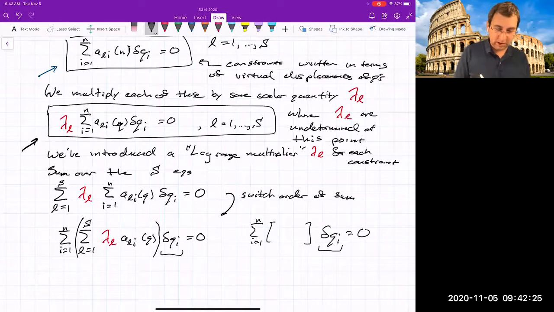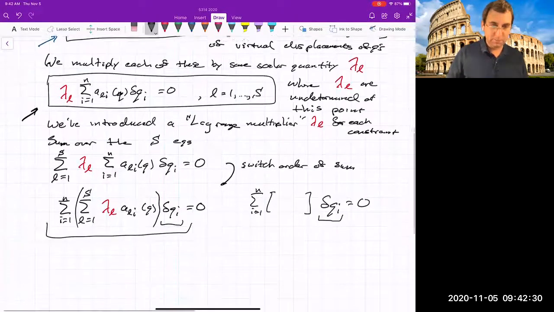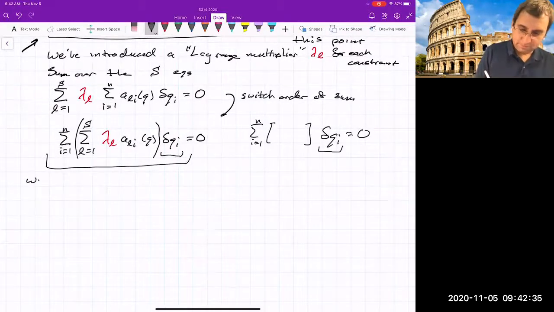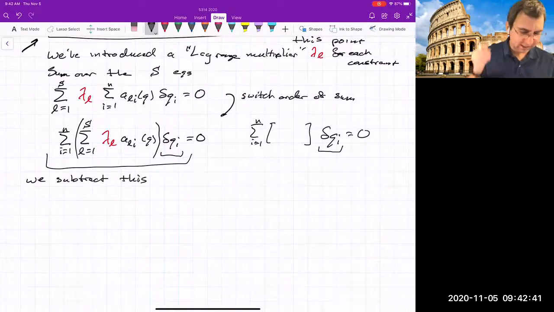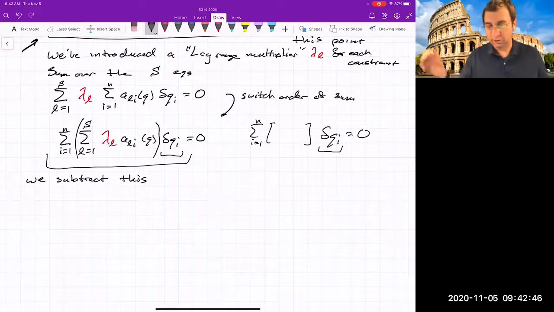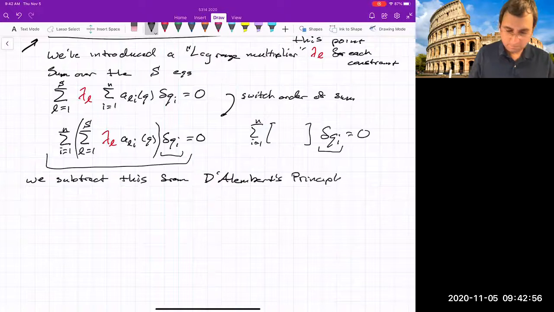And the trick is that we subtract this double sum here from D'Alembert's principle. I think it's just a convention that it gets subtracted. You could add it; that would just change the interpretation of the sign of the Lagrange multiplier. So we subtract this from D'Alembert's principle, which, if you remember, was this sum over the generalized coordinates.